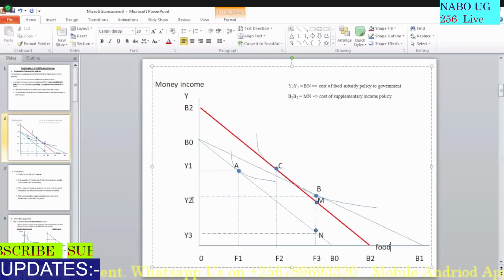Now, the first thing we need to know is how much he would spend on F3 units of food if he had no food coupon. What we do is trace that to the original budget line at point N, from B to N on the original budget line.